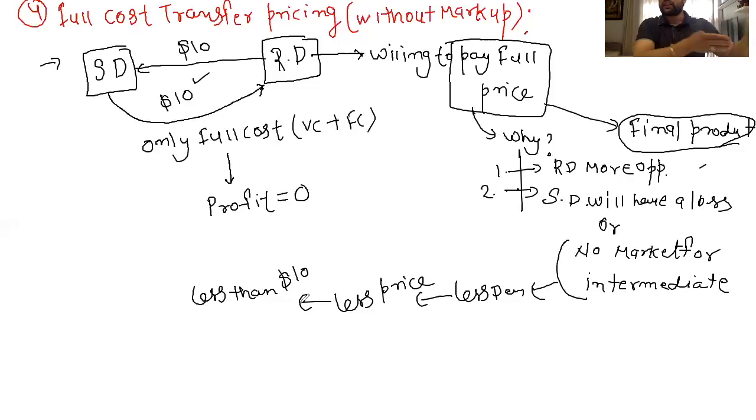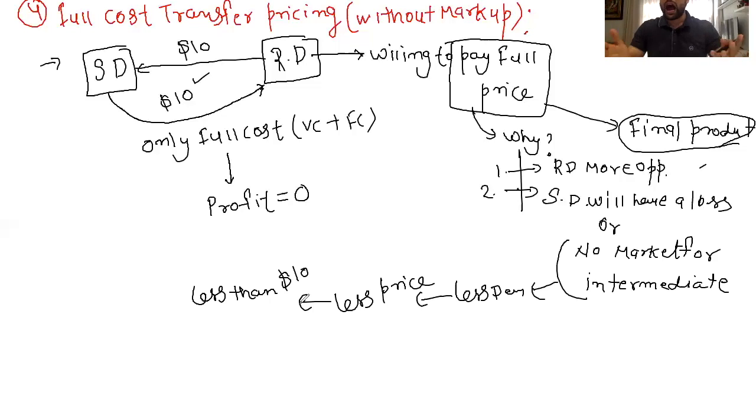Because supply division cannot sell outside, because, of course, the demand for intermediate product is always lower than the demand of the final product. There are lots of customers ready to buy final products because they don't have to spend for processing.